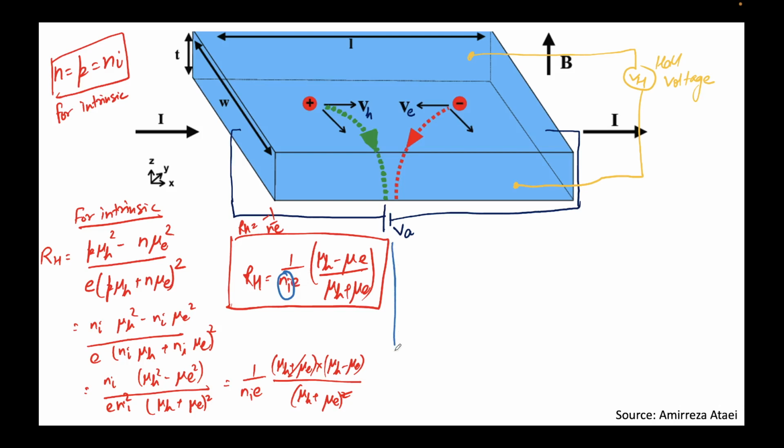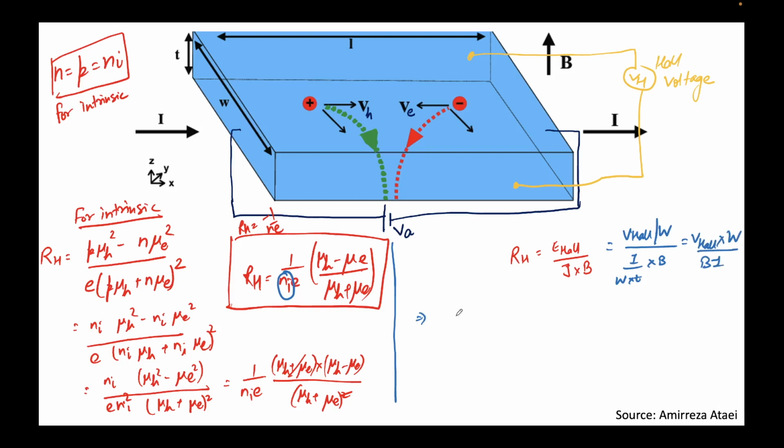Let's do one more exercise. Since we are interested in Hall voltage, we know that RH, the Hall coefficient, is defined by this, and the Hall field E Hall can be written as V Hall over the width W, and J, the current density, can be written as current I divided by W times T, the cross-sectional area of the semiconductor slab, times B. The W's get cancelled, so we get V Hall times W divided by IB.